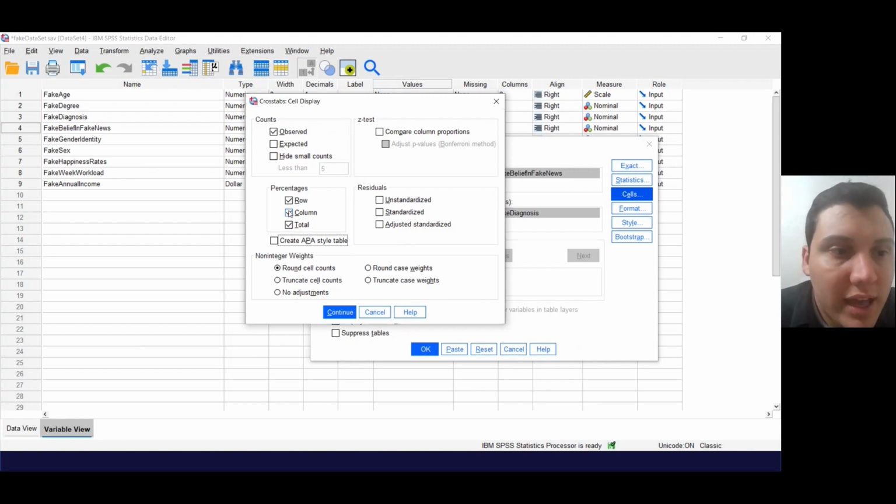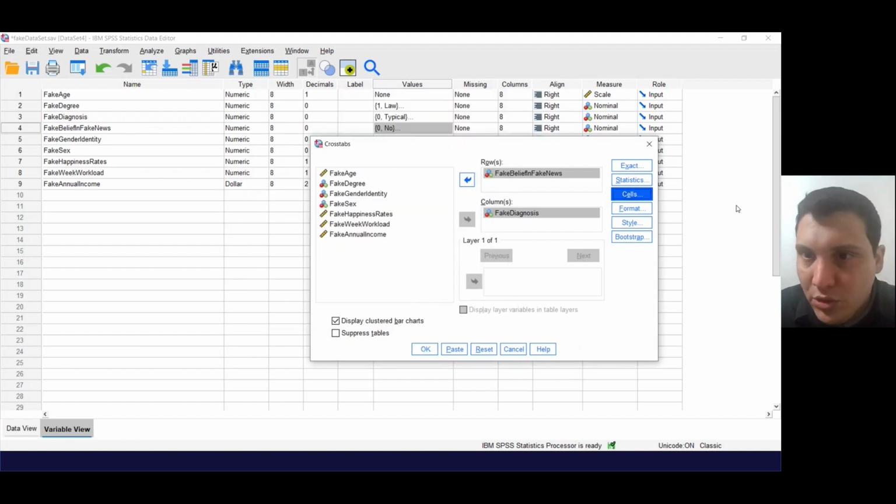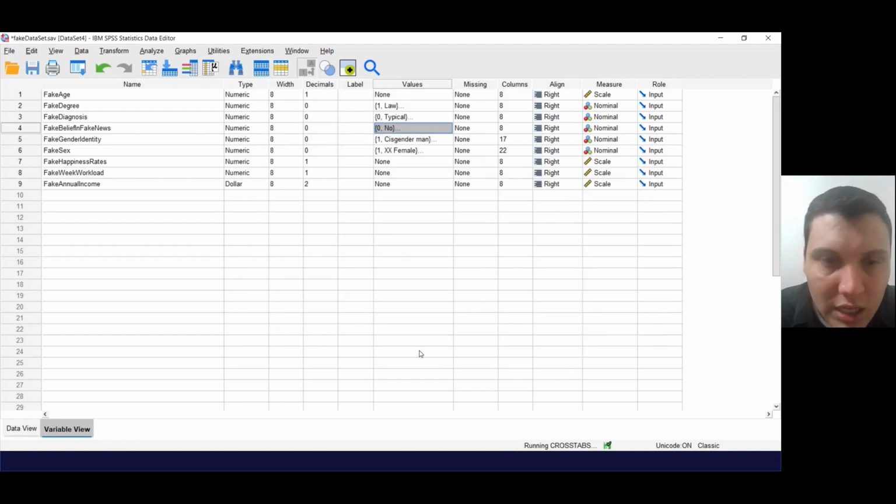I think having totals based on columns or rows or the total sample to base your percentages from is an option that you have as a researcher to make based on what you're trying to see in there. Let's start with totals, then I'm going to show you how this can be different. So continue, let's press OK.